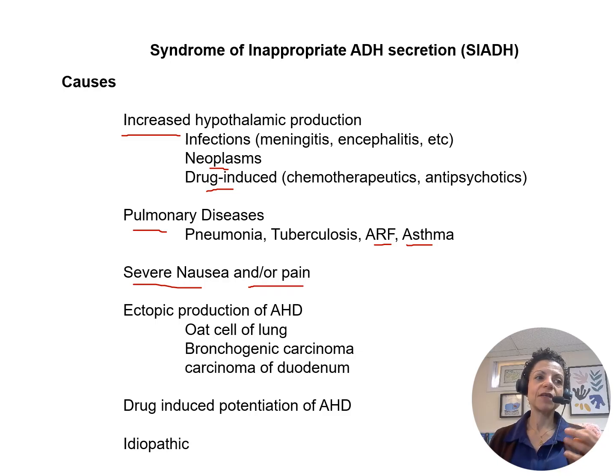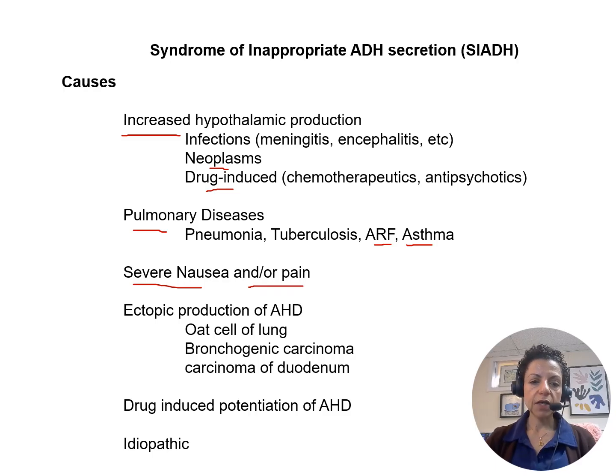So when we have a strong activation of our stress response, we stimulate the sympathetic nervous system, and the sympathetic nervous system does innervate or connect to our hypothalamic control of ADH secretion. So whenever we have a really strong activation of the stress response, we're going to have release of ADH. And so in severe nausea or pain or traumatic injury, we can end up with that as well.